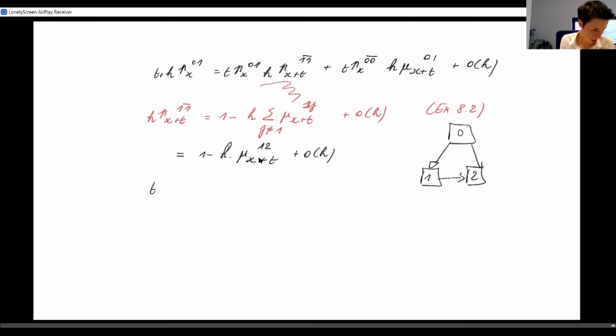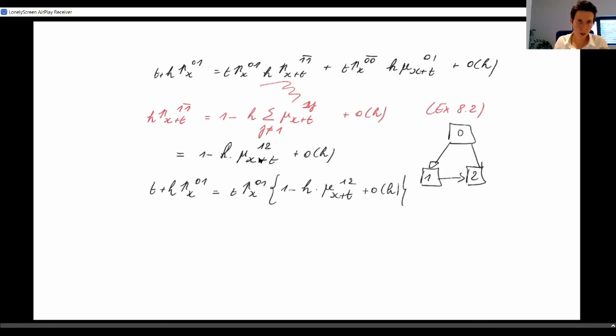So I've got t plus h px01 is tpx01 multiplied with 1 minus h multiplied with my force of transition to go from 1 to 2, plus little o of h. And then I've got the remaining terms: tpx00 bar, and then h multiplied with mu x plus t 01, plus little o of h.